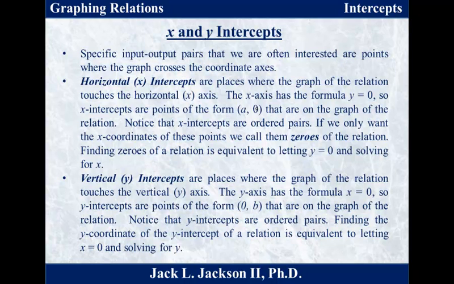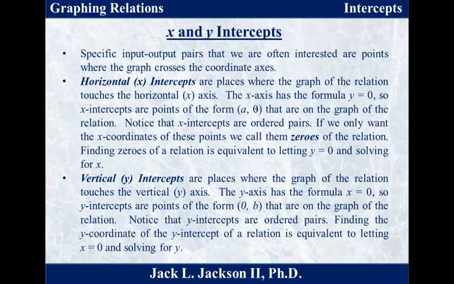We want to find the x-coordinate that goes with it, and then we've got the ordered pair. Sometimes we want to just talk about the x-coordinate and not the whole point, and then we call them zeros of that particular relation. So notice what you're doing here is you're letting y be equal to 0, say in the equation or table, and trying to figure out which x or x's go with that particular value.